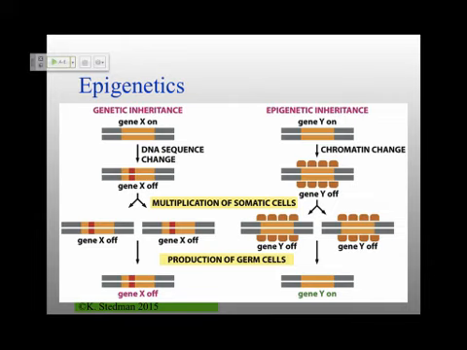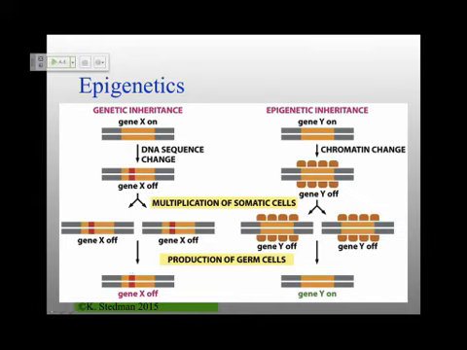And so this is just an example here of your genetic inheritance. It usually has to do with a gene which is turned on or a gene which is turned off. Here we have gene X. You have a sequence change. This is now a genetic change which turns off that gene. That's now maintained as you have multiplication of each of those individual cells.